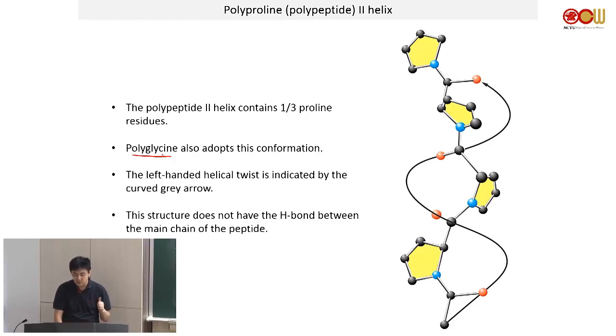Now, instead of a right-handed helix like the other guys, this guy has a left-handed helix twist. Okay? So the twist is indicated by the curvy gray arrow, so this. Okay, so it's a left-handed helix instead of a right-handed helix. And this structure, like I said, does not have hydrogen bonding between the main chain of the polypeptide.